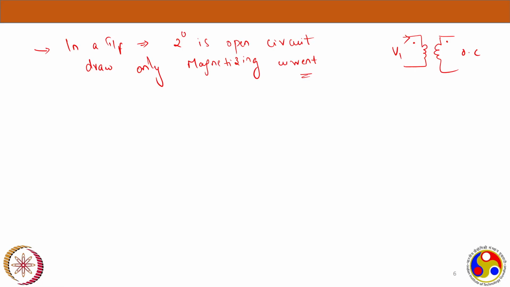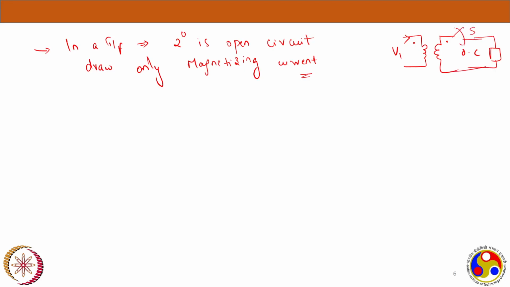But in the primary, don't forget about the secondary, whether it's open circuit or closed circuited, the flux in the core should always remain the same. So that's the basic principle. The flux remains the same in the core. Now, let's say I have connected a load via a switch.